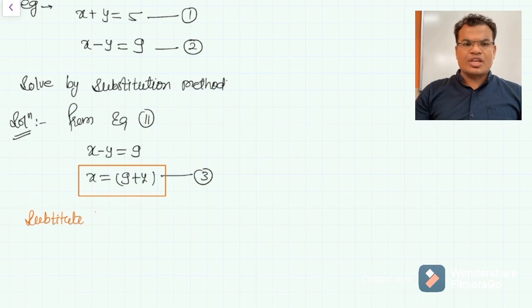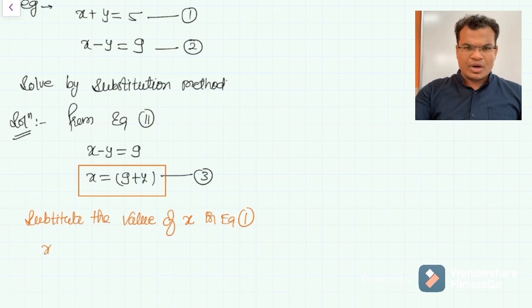So substitute the value of x in equation number 1, because it came from the second equation. First of all, write equation 1, that is x plus y equal to 5. What is x? Here we write 9 plus y. And y is already here, so we write y again, equal to 5.